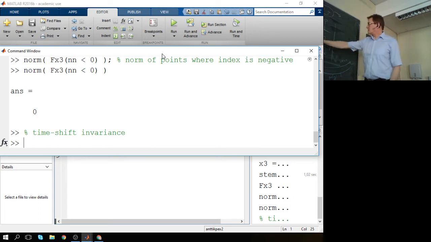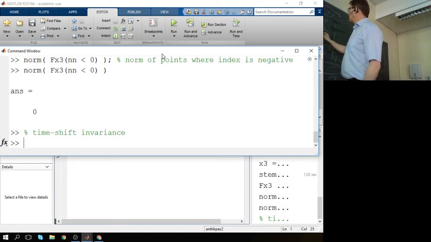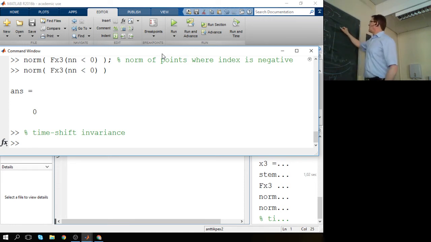So this is the delay of 2, and the advanced operation would be replacing the time with the negative time, then the delay of 2, or whatever that number is, delay of n, and then time reverse again.